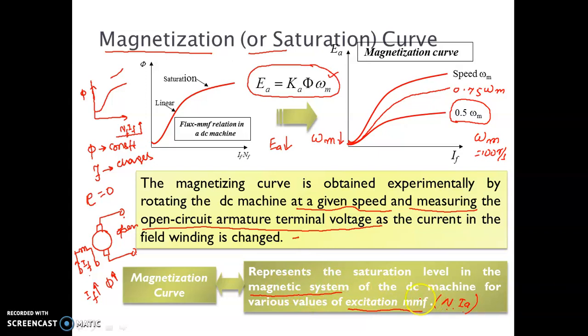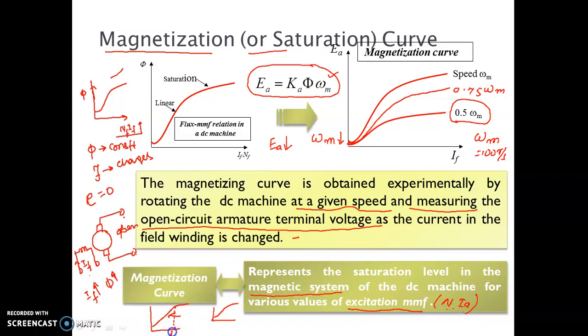Saturation differs for different types of materials or different types of magnetic circuit. Suppose in some magnetic circuit, the curve will go linear here and after that start saturation. In another, maybe it will go linearly like this, then start saturation. So up to this position it is okay.